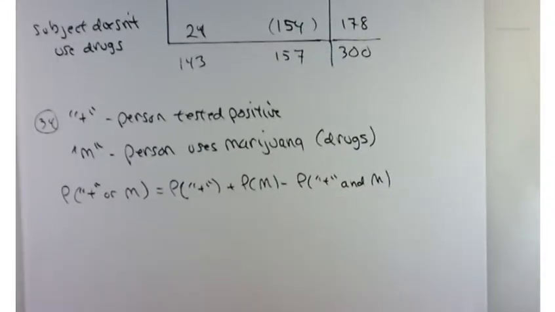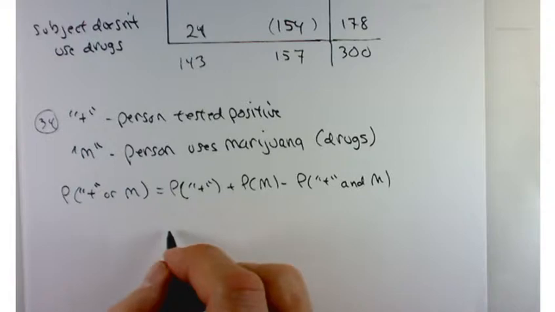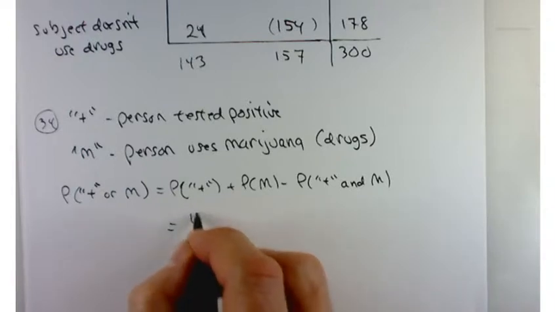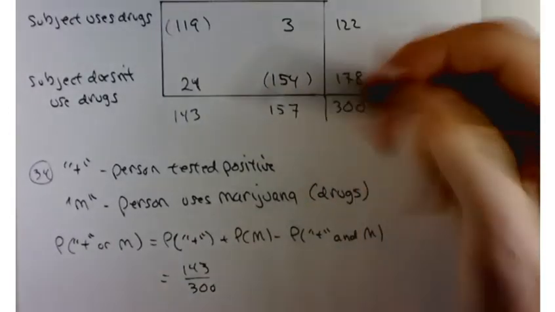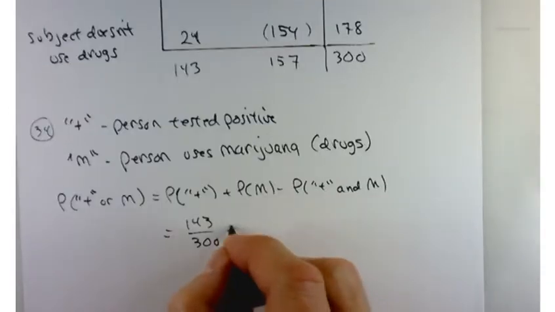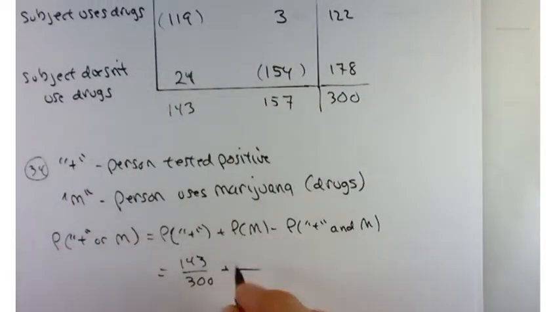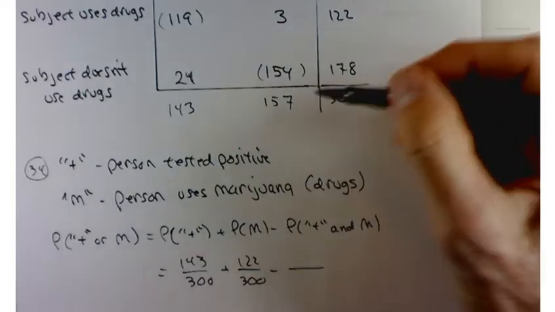The probability of a positive result is going to be 143 over 300. You had 143 positive results out of the 300 people surveyed. The probability that they use marijuana was 122 people out of the 300, minus their intersection.